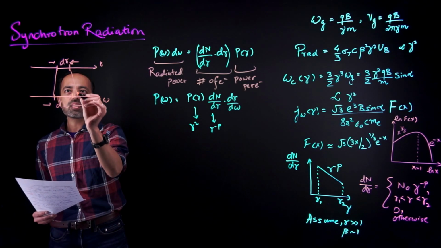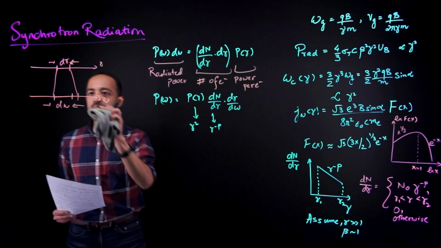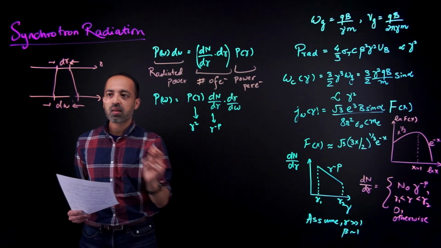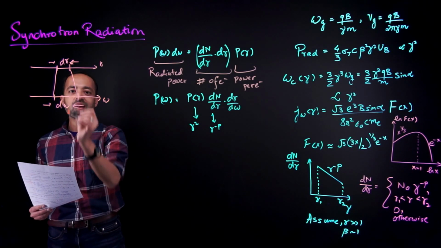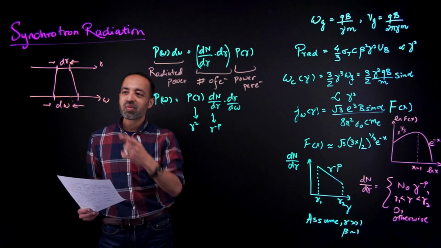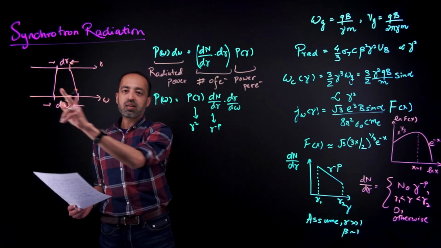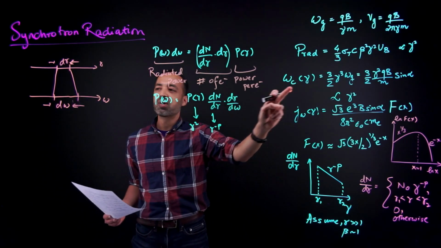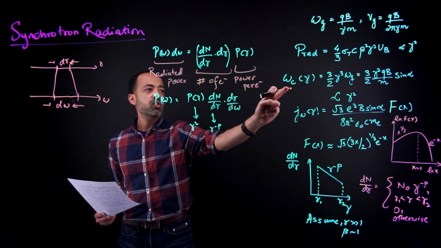So these electrons are radiating into this interval d omega. Then how are these d gammas and d omegas related to each other? That, of course, is now straightforward to understand, because each electron at Lorentz factor gamma is radiating into its corresponding omega c.